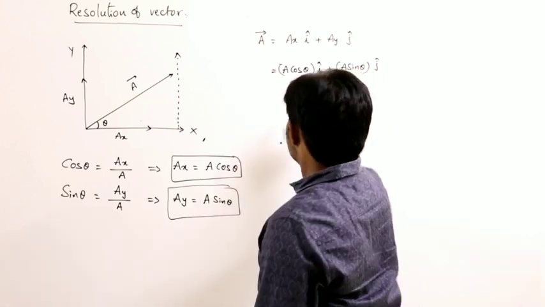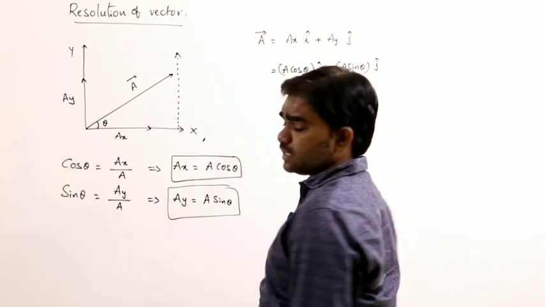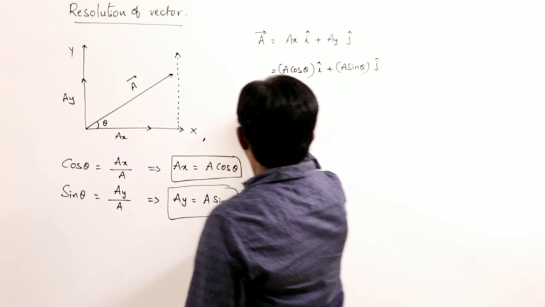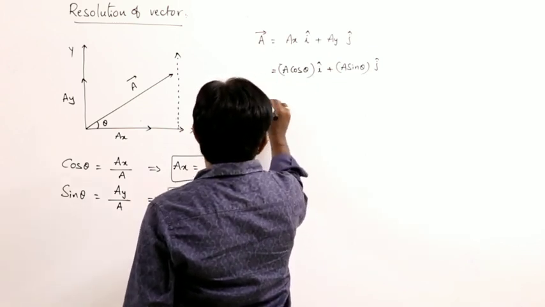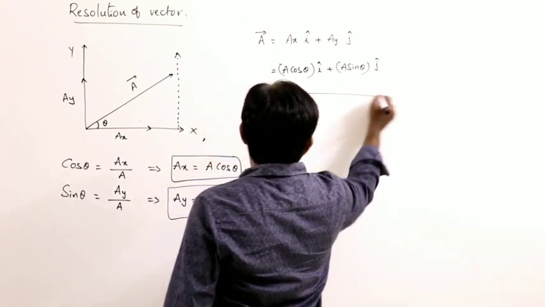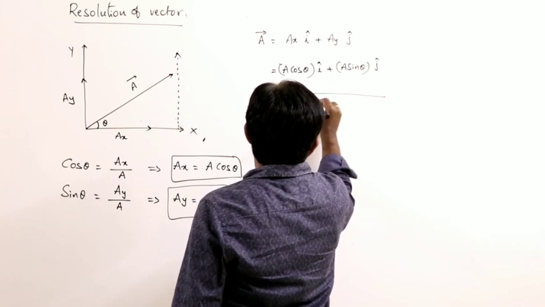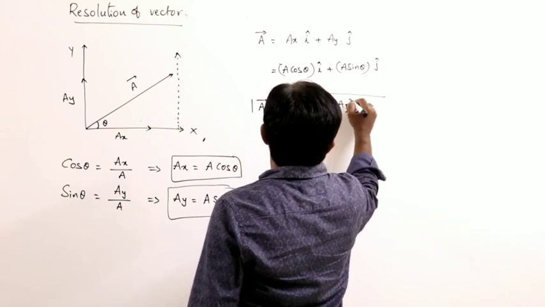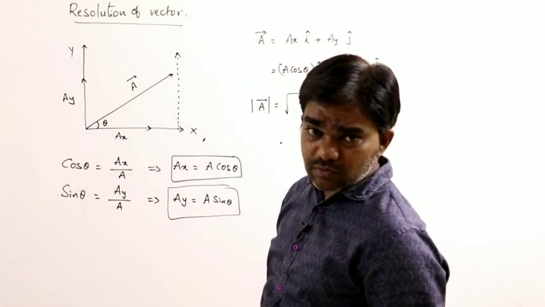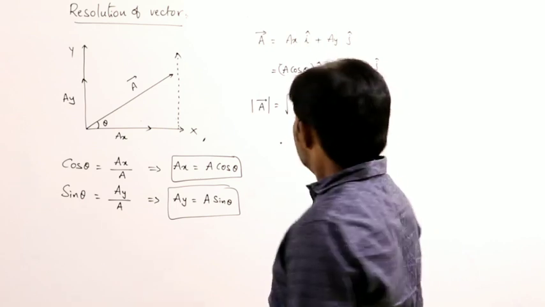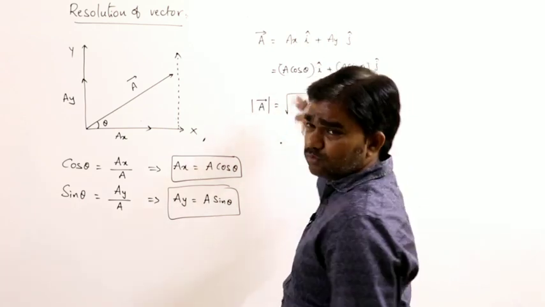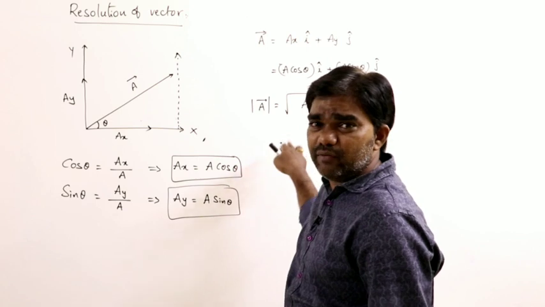If you write the magnitude of a bar, the general formula is under root ax square plus ay square plus az square, but az is not available here, we have only ax and ay components.